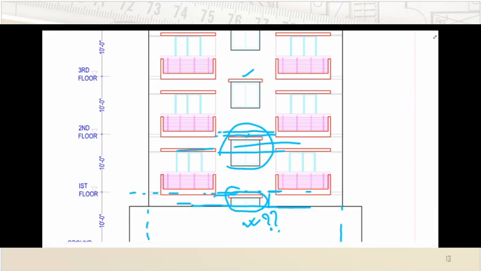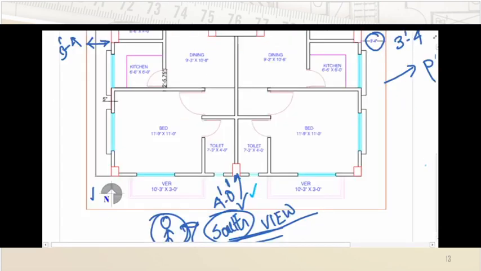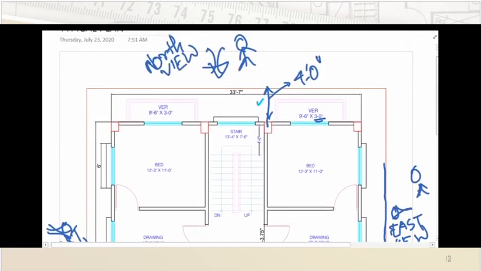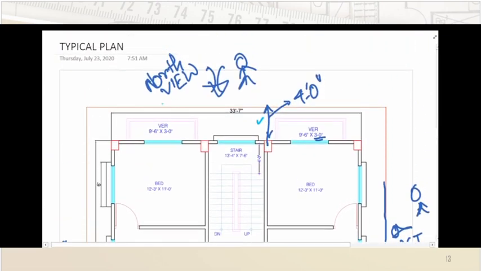So if we go to the typical plan for north elevation, we can understand what is going on there. North view. So let's see what the north view is here. So north view over there, this is stair, actually the stair.